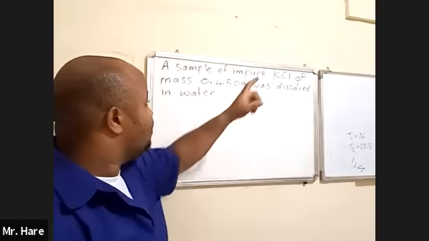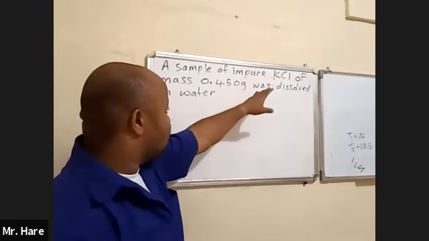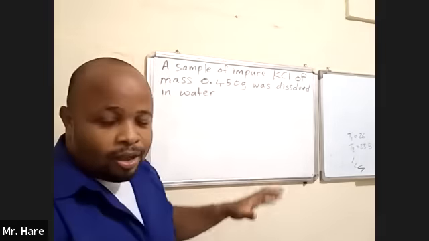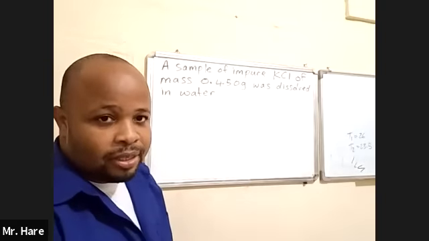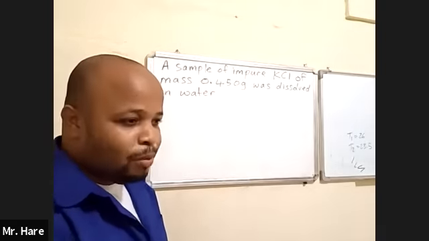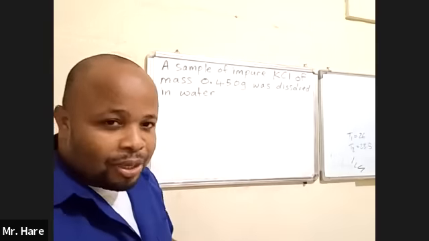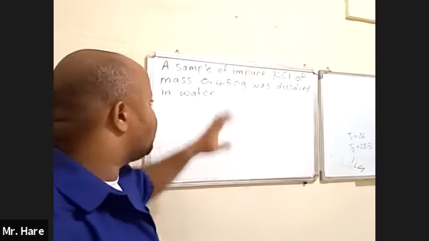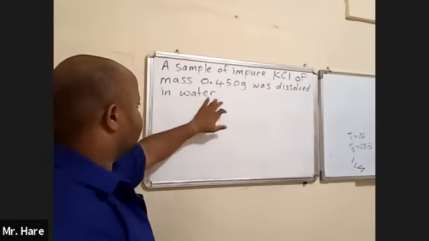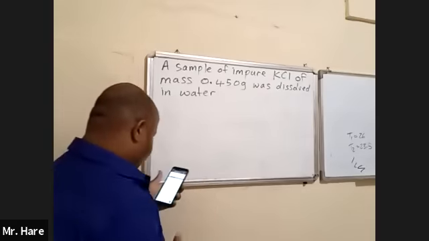Because remember, when you dissolve KCl in water, all of the ions will break up and be present. But if it is insoluble, just a few would actually dissolve. So we couldn't use water. I was just pointing that out. All right. So it was dissolved in water.